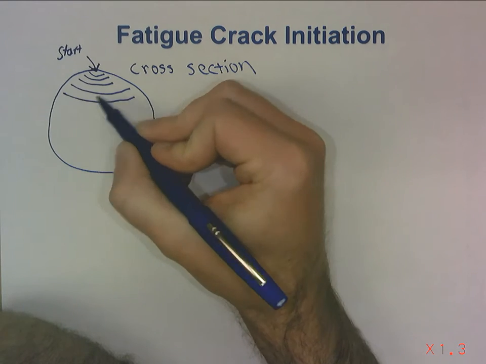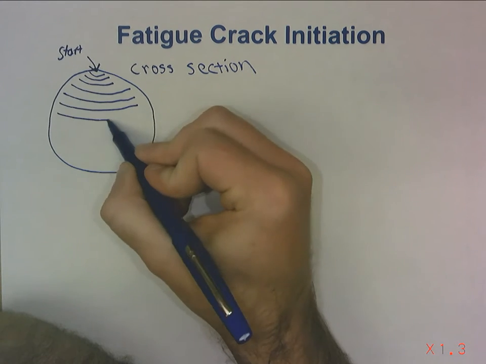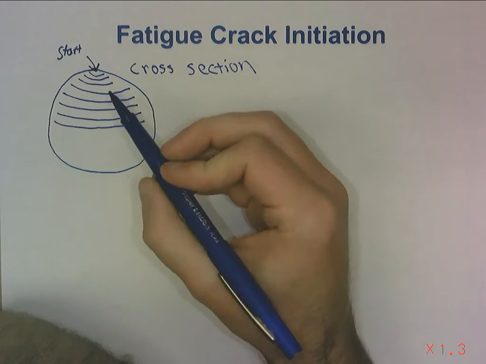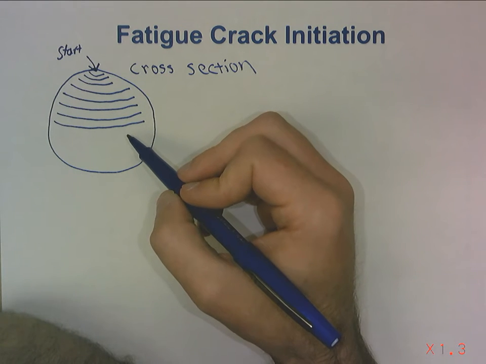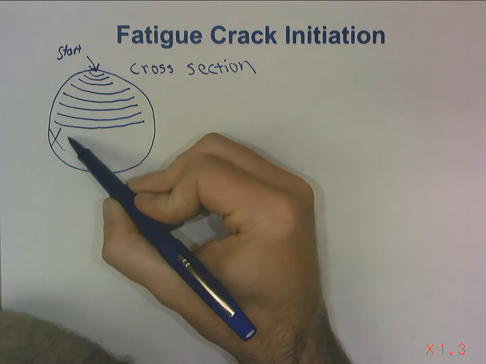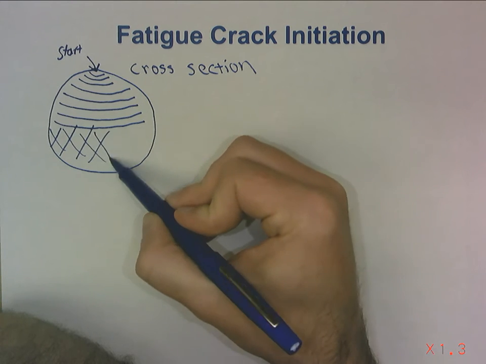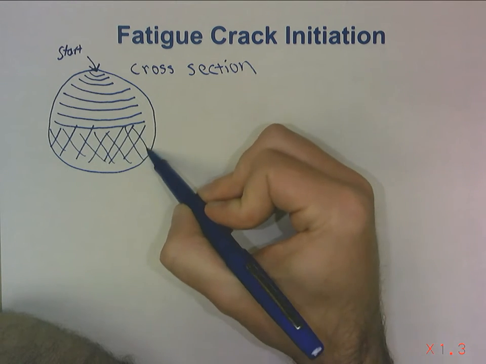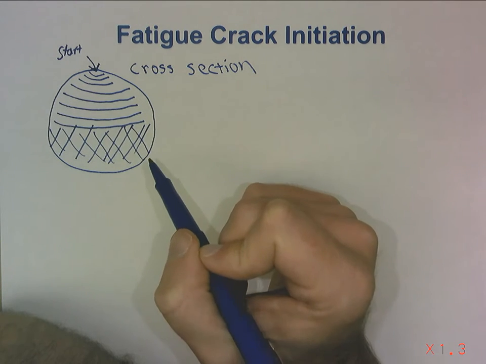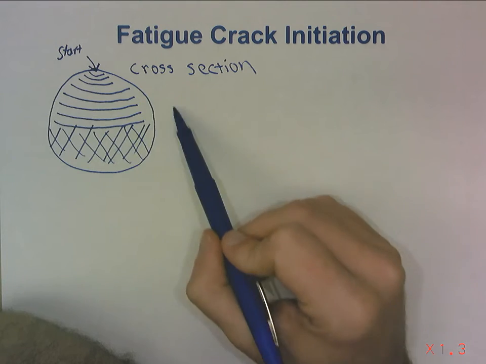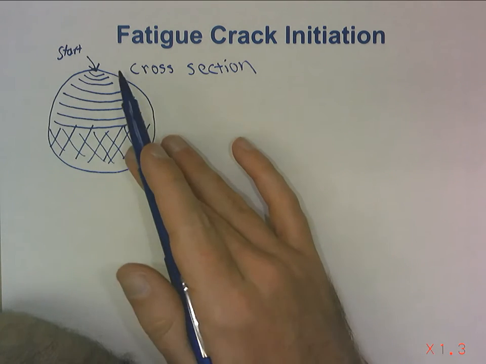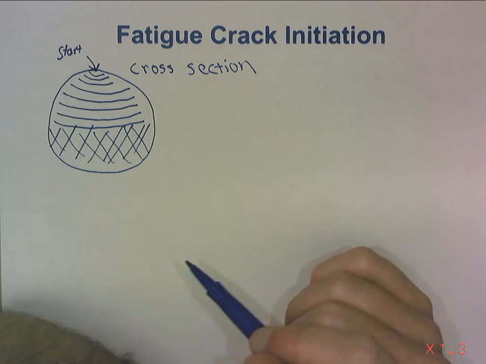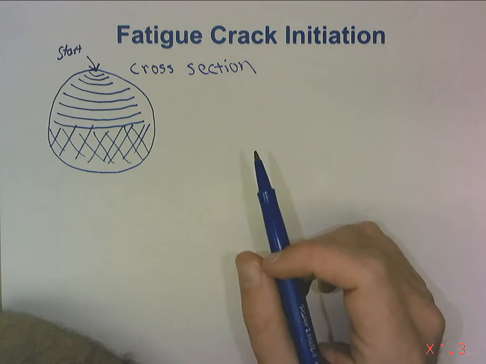So it's going to be that linear pattern that we keep seeing. And eventually our component will overload and fail in a brittle fashion. We'll leave that pattern on our failed component.